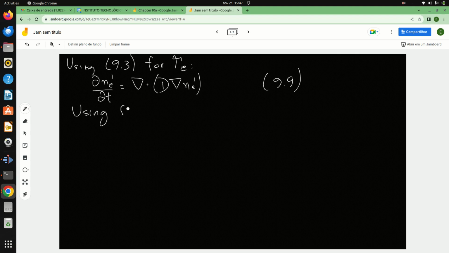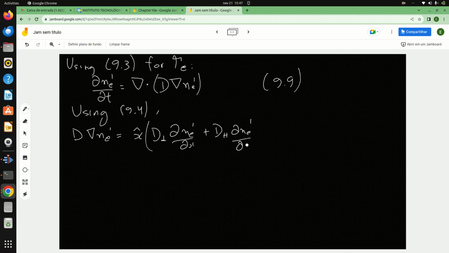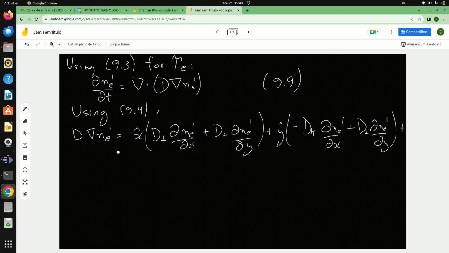Using 9.4 for D, we have this: D perp del N E del x plus D H del N E del y, minus D H del N E del x plus D perp del N E del y, plus z D E del N E del z.